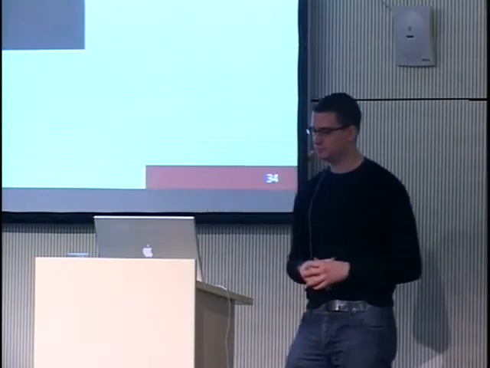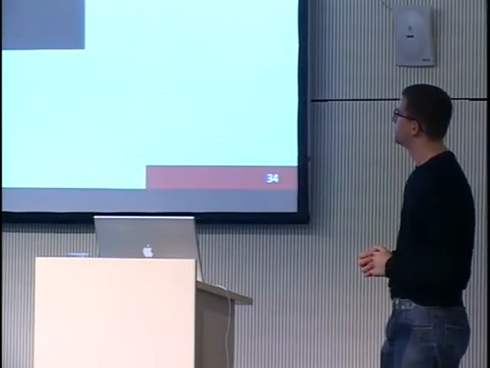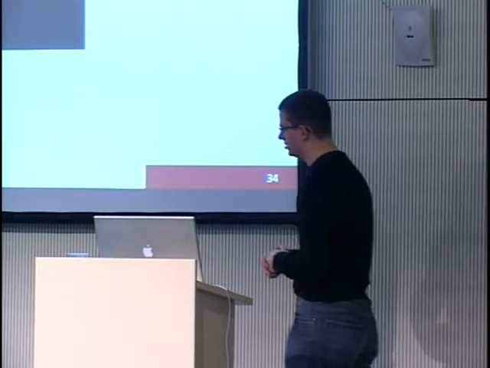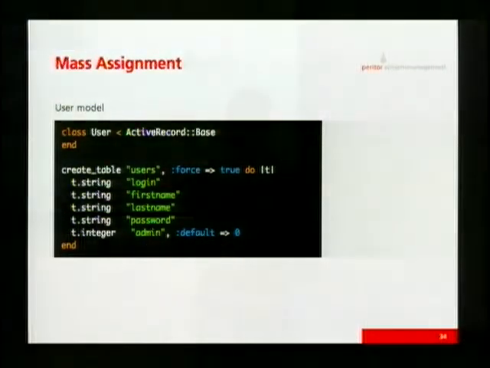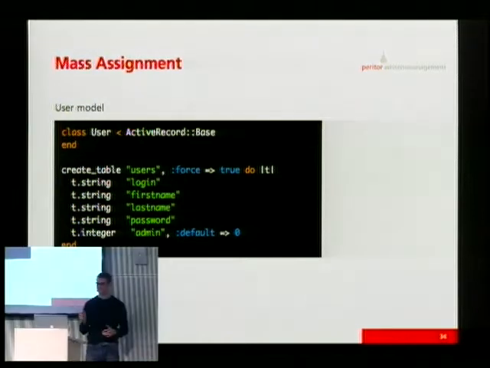Then let's look at something that is Rails specific, mass assignment. In Rails, by default, you're doing mass assignment. Let's look at, for example, a user. You have a user object in your application. It has a login, first name, last name, password, and the important thing, an admin field that is either one or nil, depending on if it's an administrator or not.